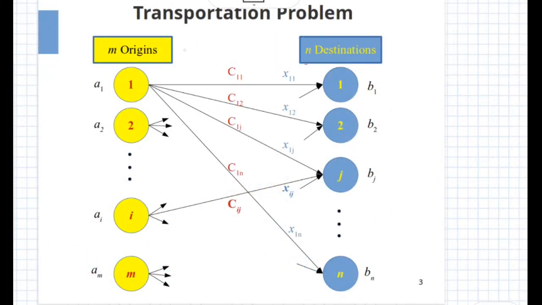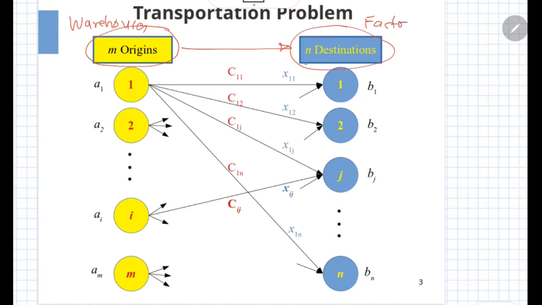The transportation problem consists of solving the problem of how to transfer products from m number of origins to n number of destinations. So the origins could be warehouses and the destinations could be factories which require the products from warehouses. Let's understand the terminology.